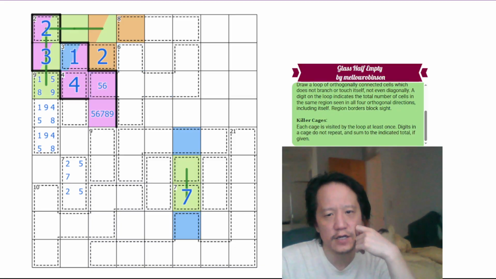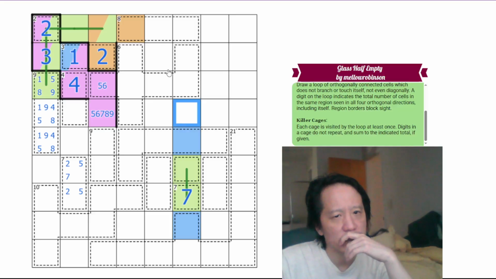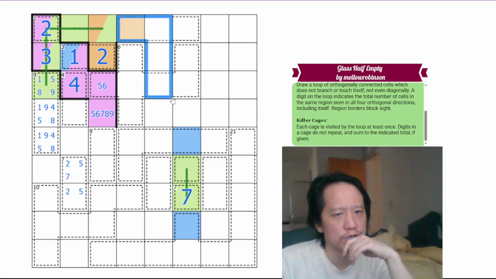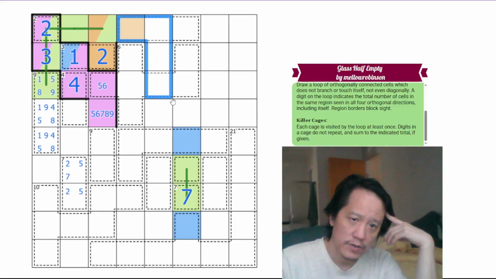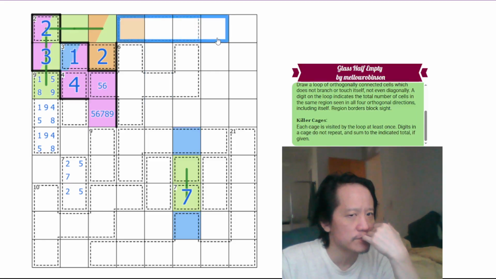So this is not in the region. It could go down here. That's possible. It cannot enter here as orange. Okay, so orange could go here, though. So that's possible. So it could go something like that, or it goes that way.